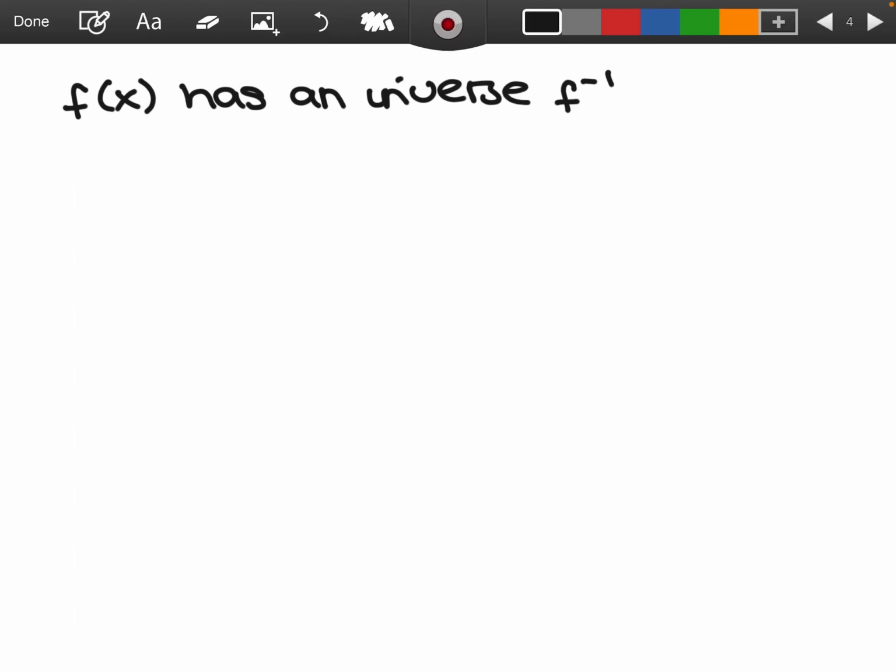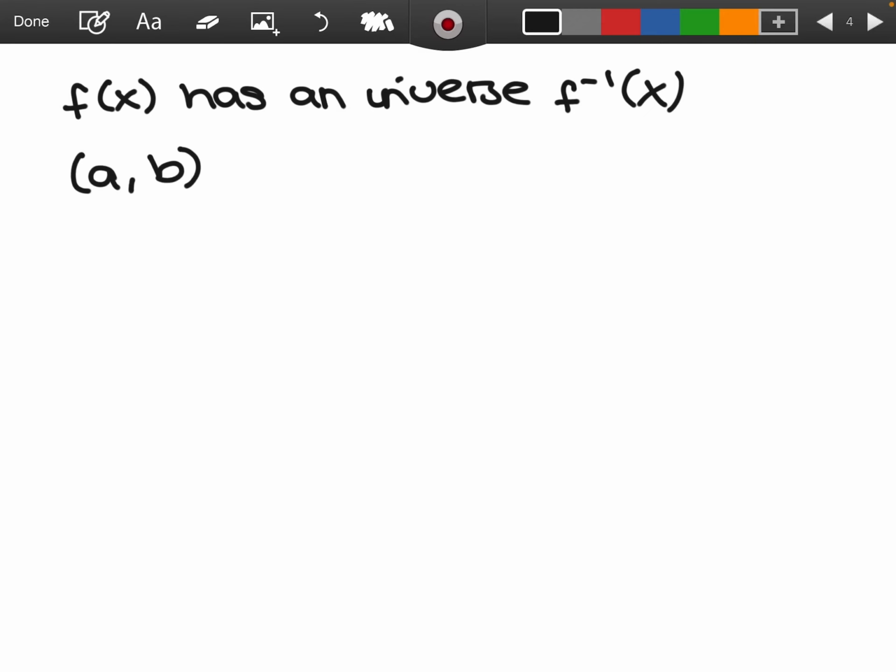Let's look at evaluating some of these inverse functions. If I have a function f of x and it has an inverse, we'll call it f inverse of x.